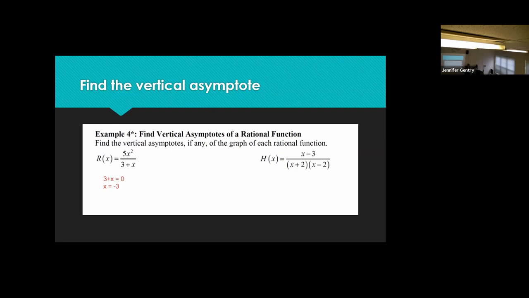What about the one over here on the right, the h of x? What numbers can I have? +2, -2, right? They were nice, they gave it to me factored. I didn't even have to factor it. X plus 2 equals 0, -2. X minus 2 equals 0, +2.